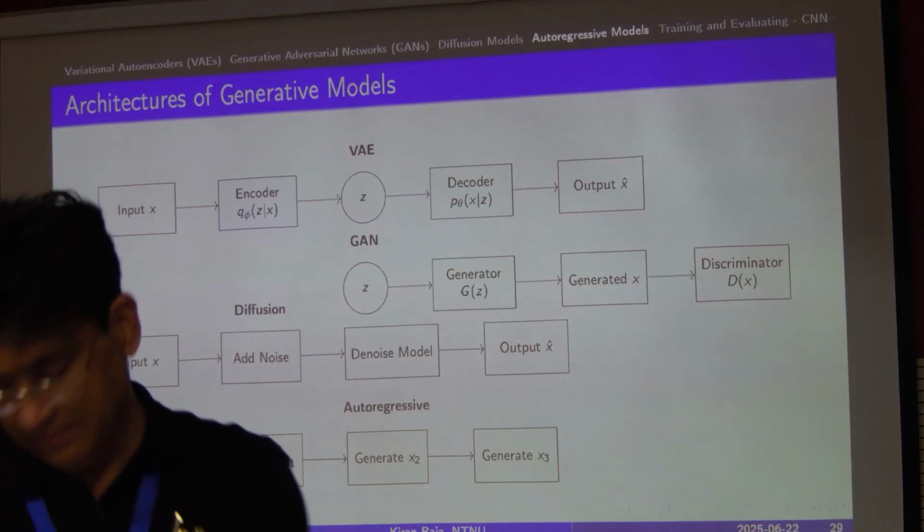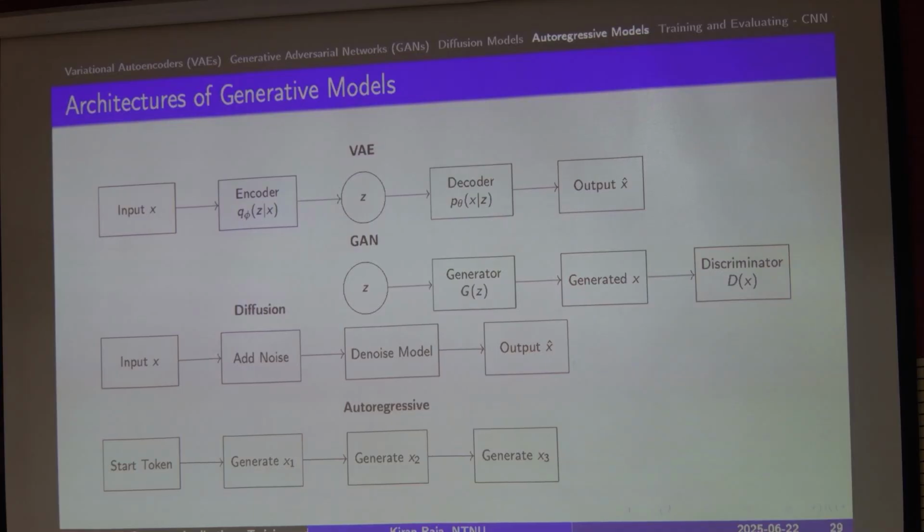From the z, you start producing some output, which has both a generator and a discriminator. And then you have the diffusion models, which is also very similar to input and output, but the only thing is that you add a lot of noise and then diffuse the image, and then there is an output. And very similar to that are the autoregressive architectures, right? You have a starting token, and then you can keep on predicting the next token based on your trained models.